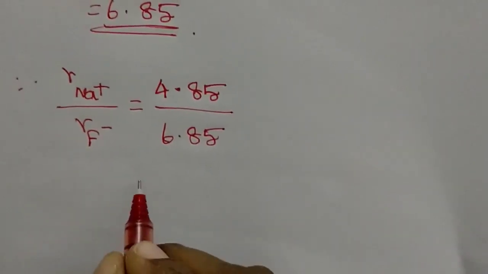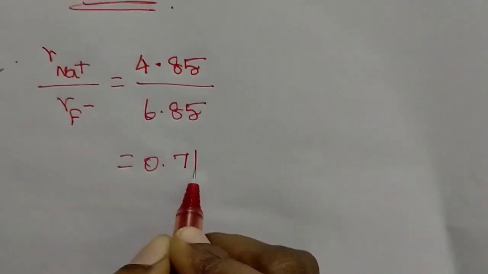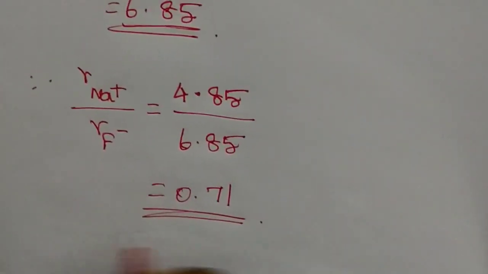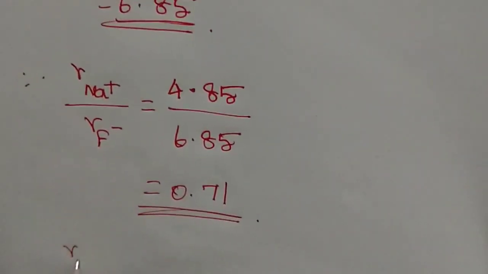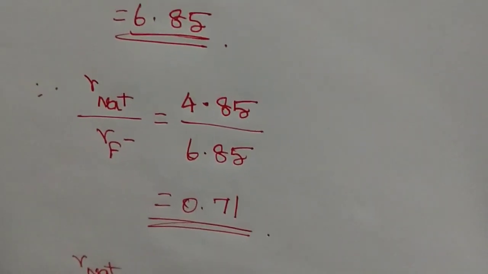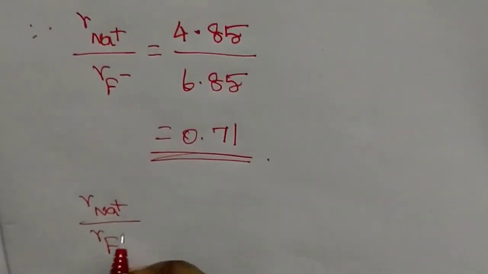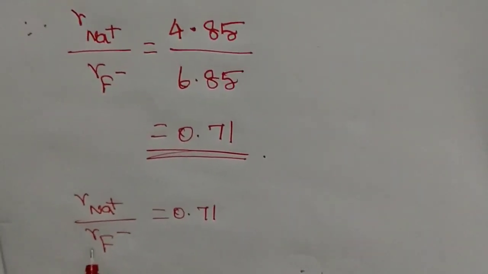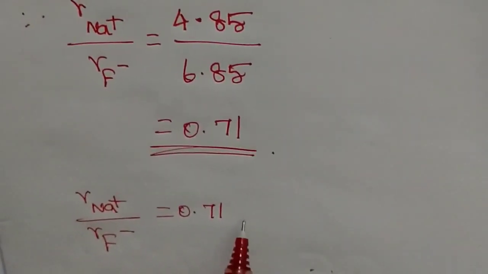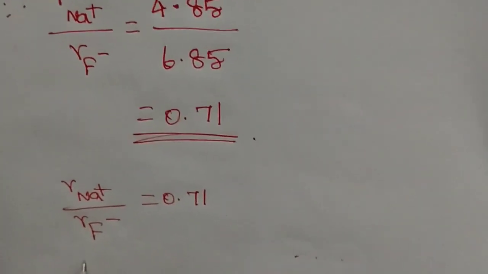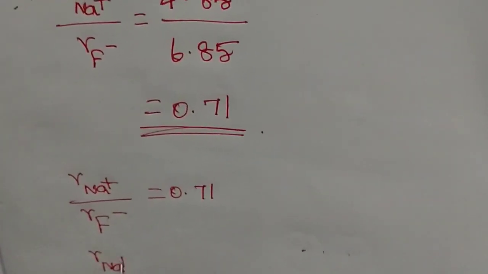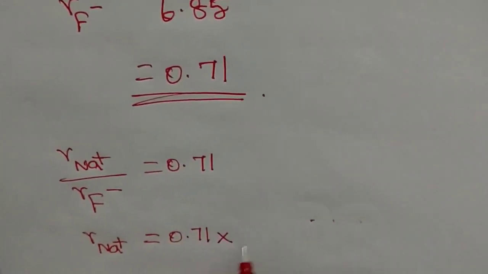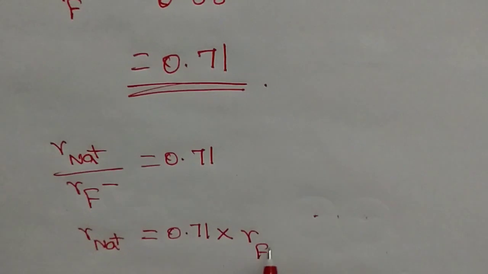And you will get the value 0.71. So r_Na+ divided by r_F- is equal to 0.71. Then take r_F- to the right side. So r_Na+ equal to 0.71 times r_F-.